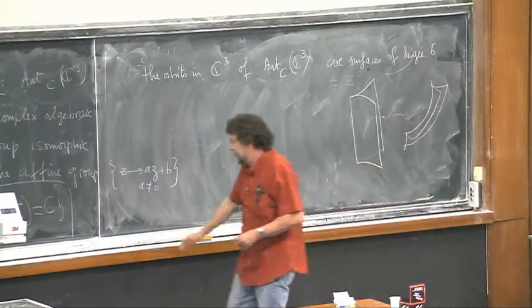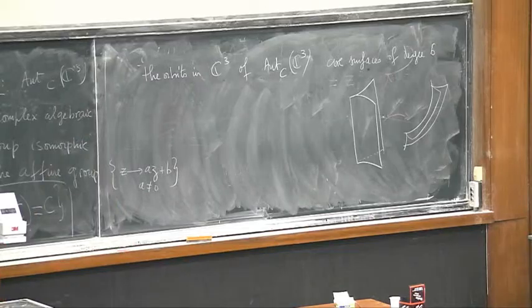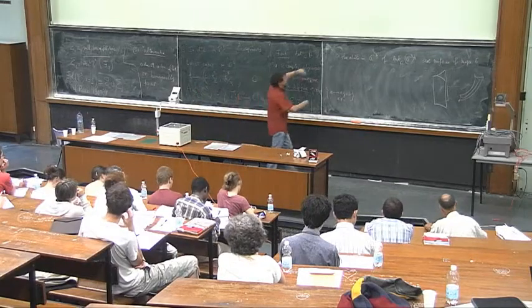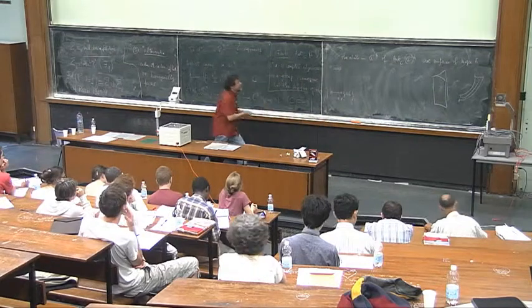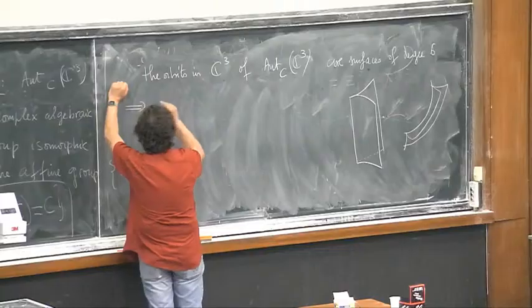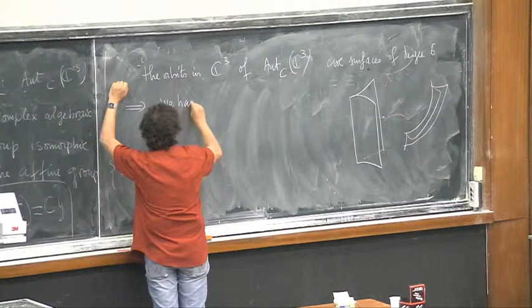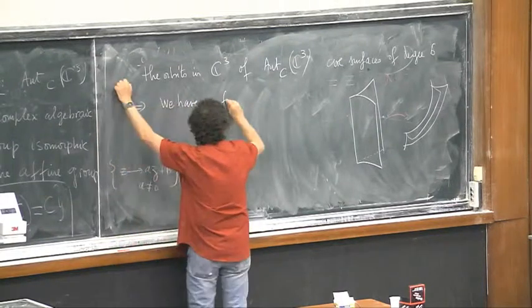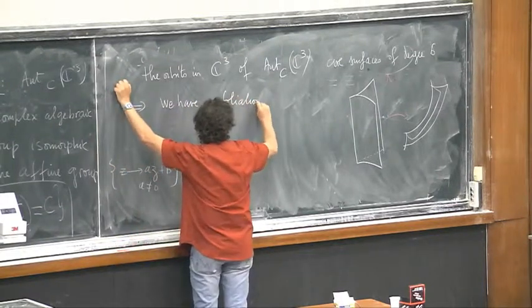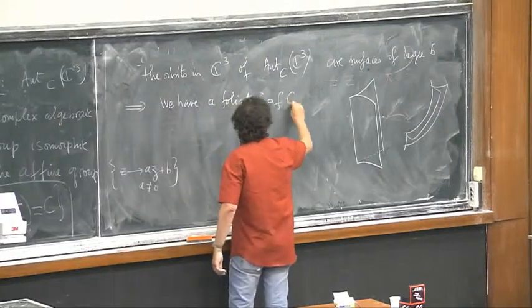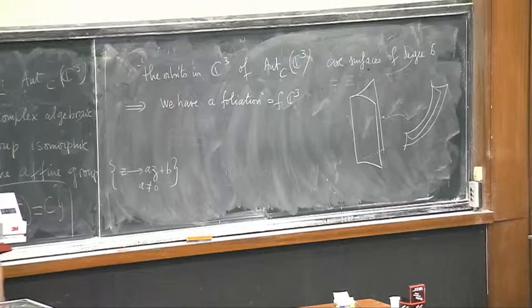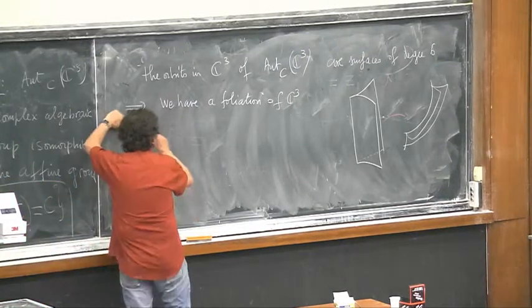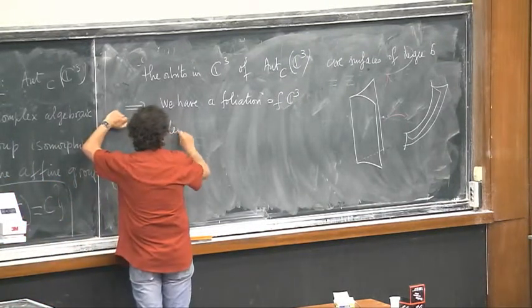And there is a theorem. These orbits give a foliation of C3 with singularity along the cubic, and this foliation is of degree 2.